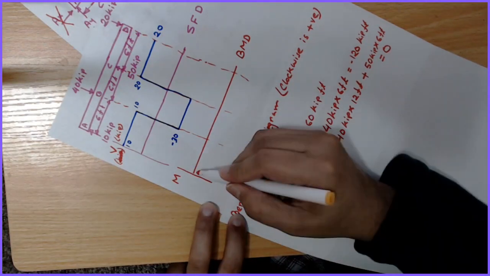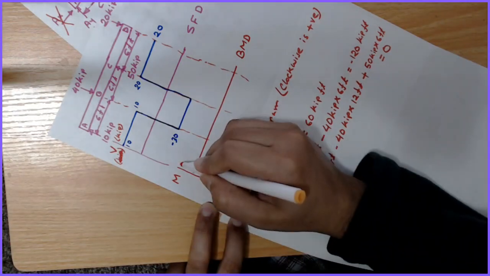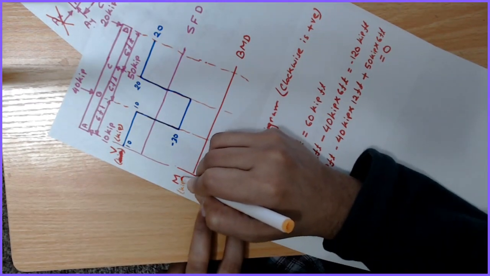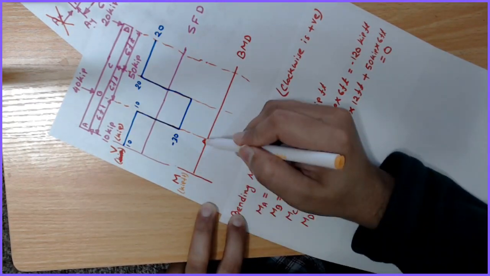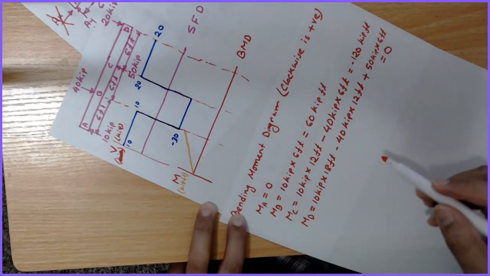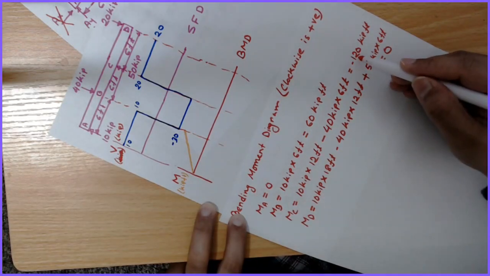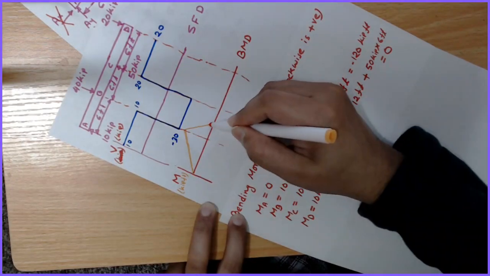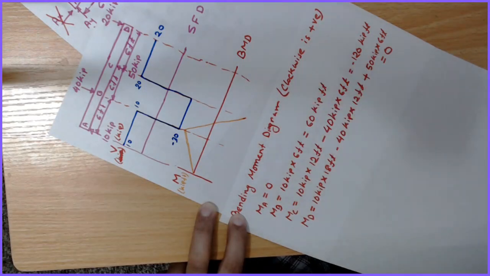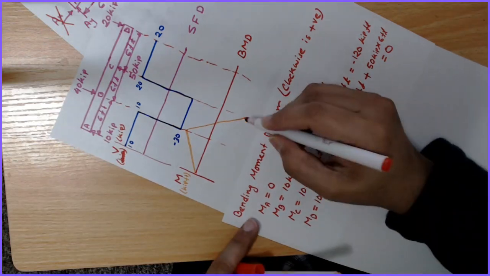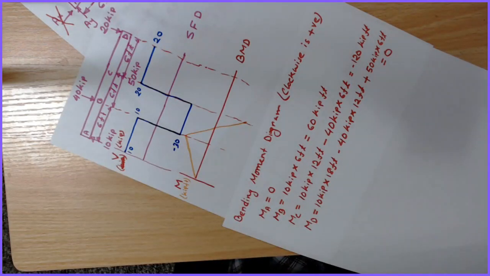it is 0 at A position, and its unit is kip feet. It's 0, and at B position it is 60. Okay, now at C position it is minus 120. This is my C position, so minus 120, and at D position it goes to 0.